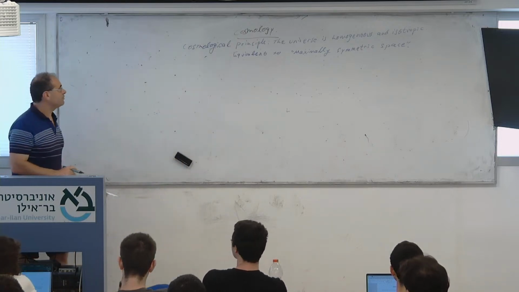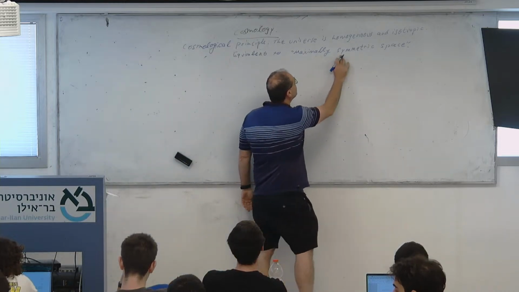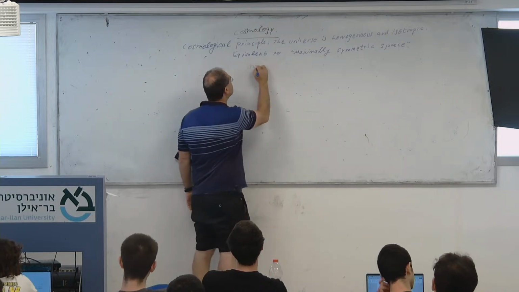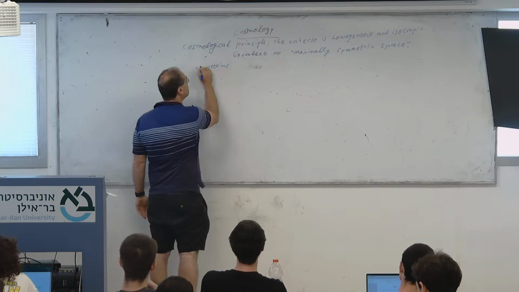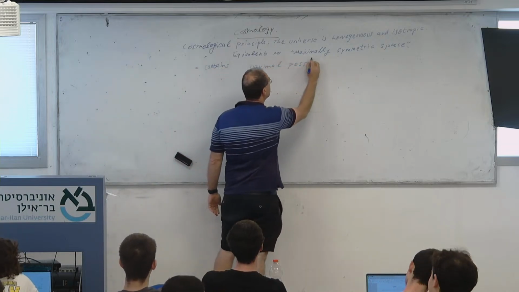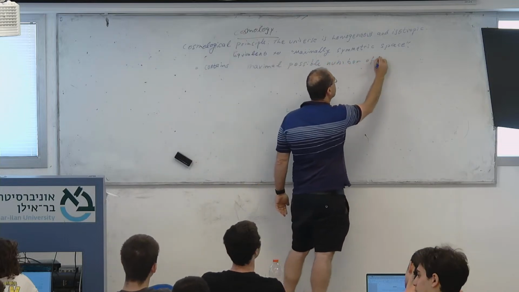It does have symmetry, but it's not maximally symmetric. So mathematically, a maximally symmetric space means that it contains the maximal possible number of Killing vectors.